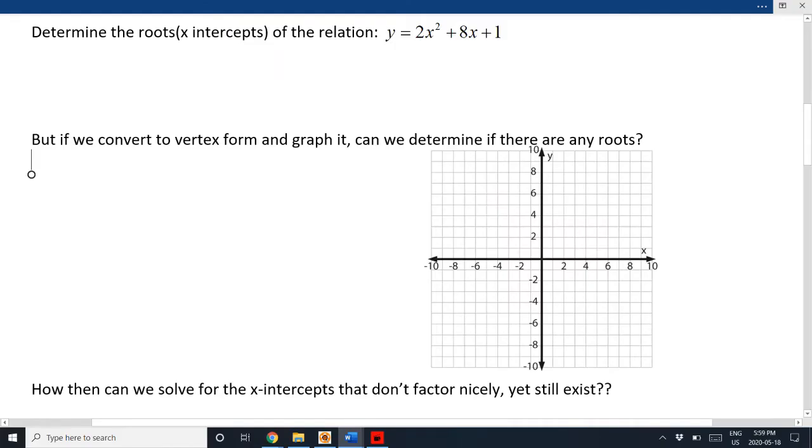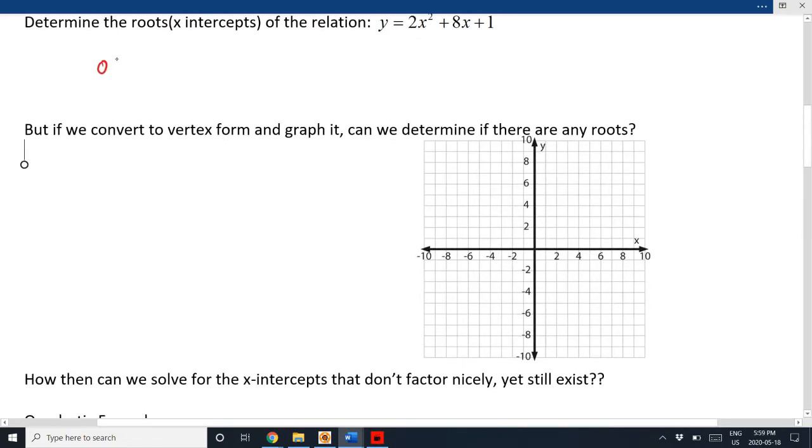Let's try to determine the roots or x-intercepts of the relation y is equal to 2x squared plus 8x plus 1. Typically, when we're trying to find the x-intercepts, we would set y to 0, and we would try to factor this side right over here.